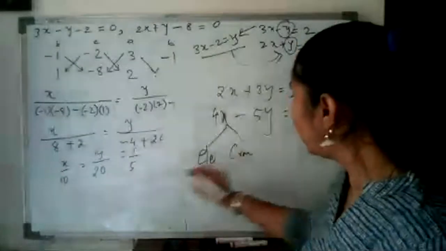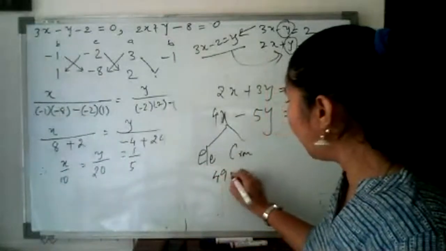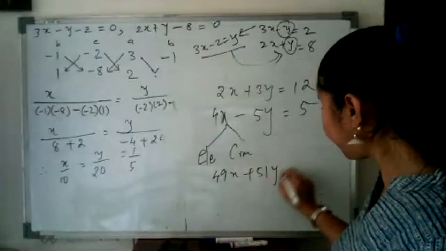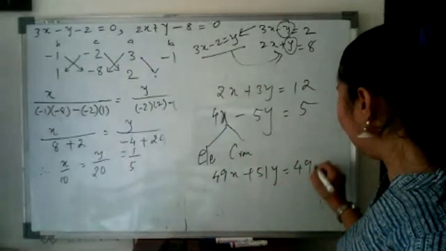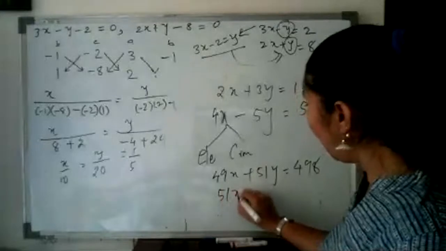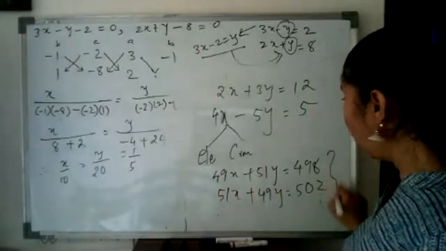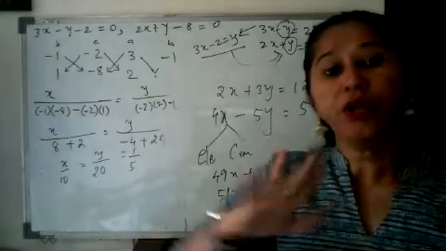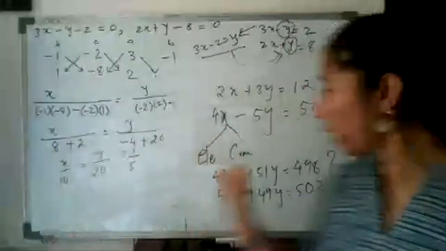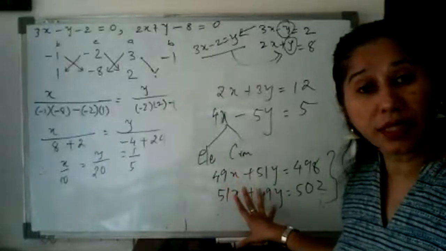Then I taught you, you remember something like this, 49x plus 51y equals 498 and 51x plus 49y equals 502. Now for this, none of the methods. You remember what kind of method you're going to use here? Did you understand this question?